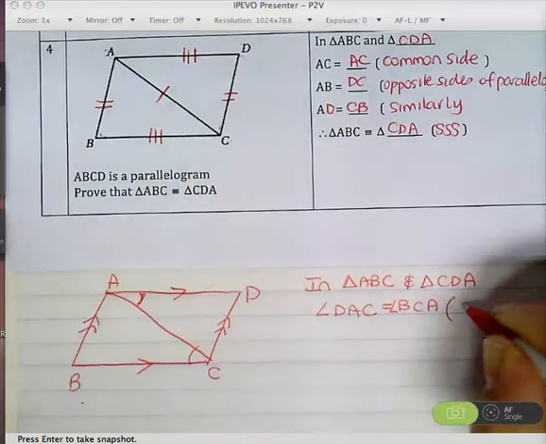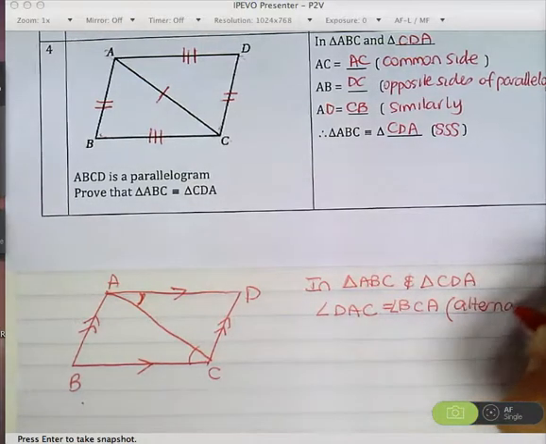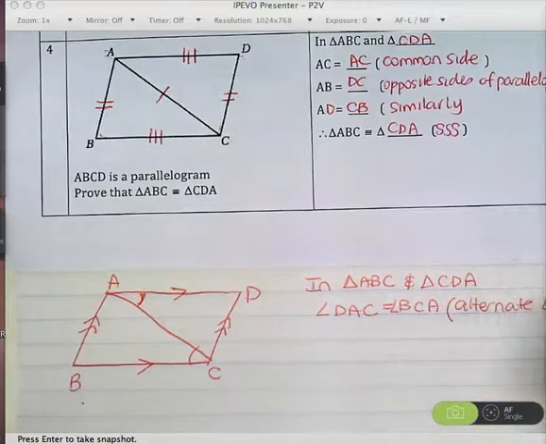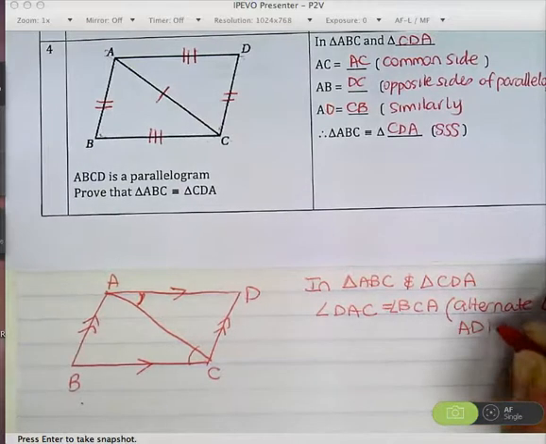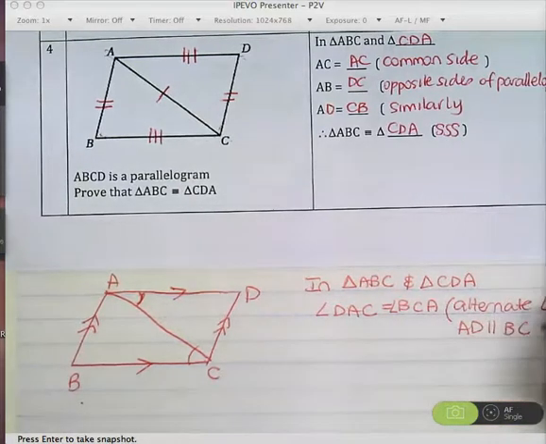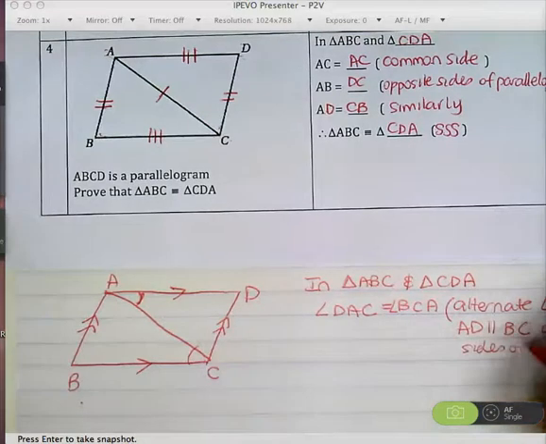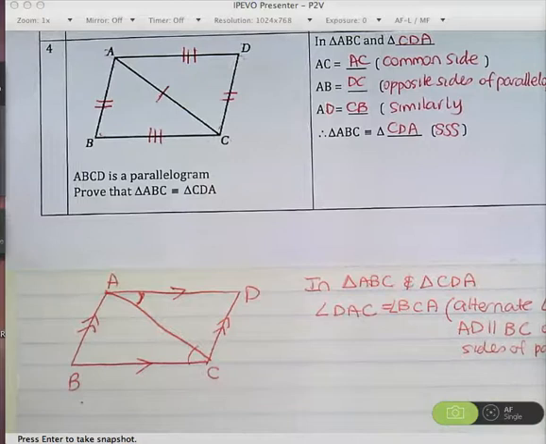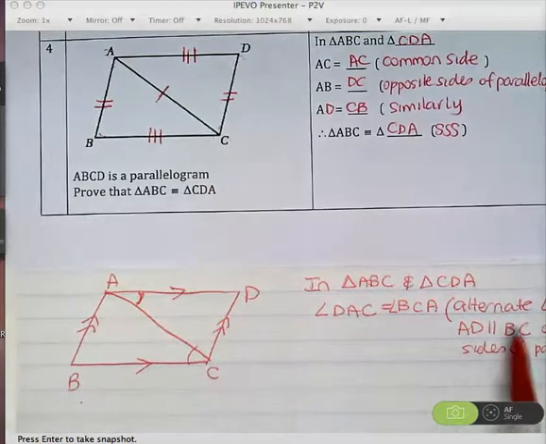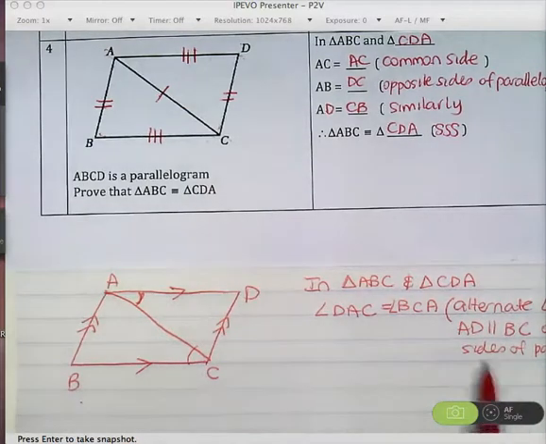Reason: alternate angles, AD is parallel to BC, opposite sides of parallelogram. That's why AD is parallel to BC, because opposite sides of the parallelogram are parallel, okay?